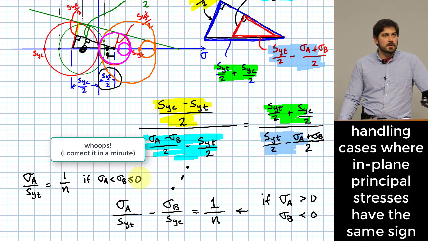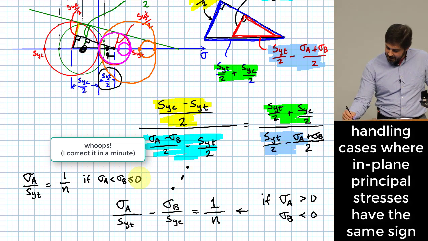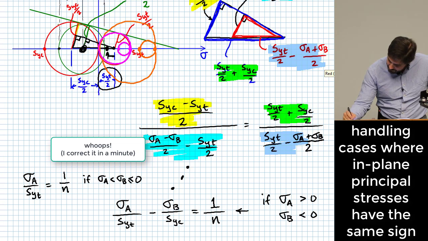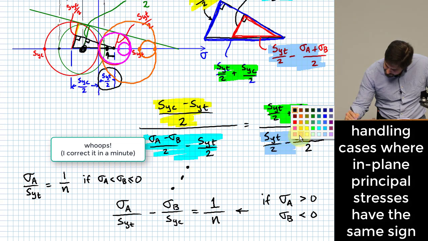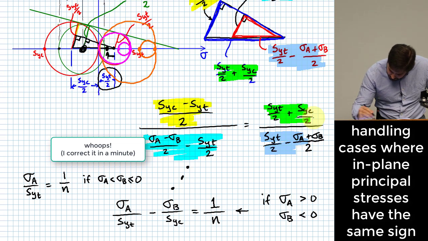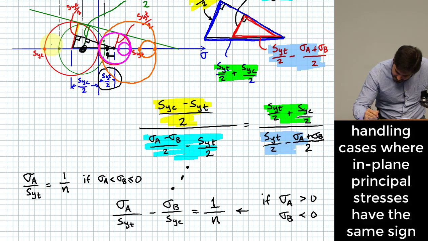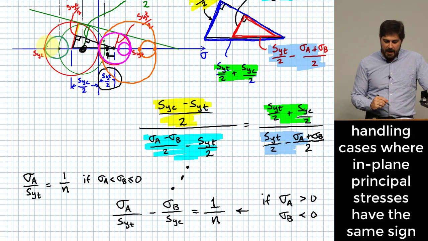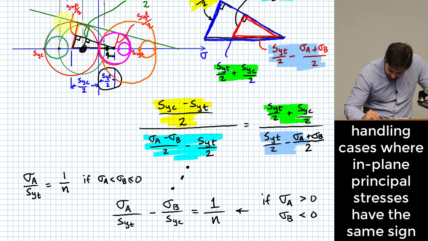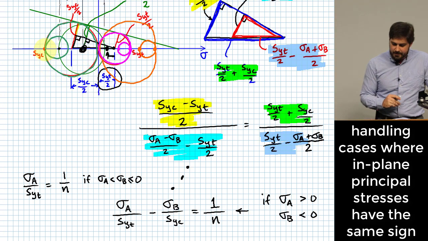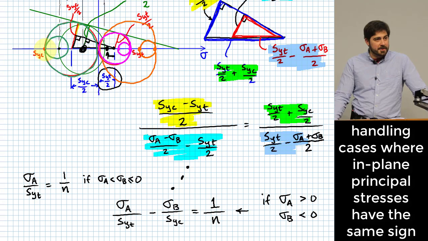Okay. Do you think we could do something similar on the compressive side? Yeah, so I'll do one of those now. So let's say that over on the compressive side, I had a state of stress that was right here. That would imply there would be a maximum shearing stress here, and that would be right at the threshold of failure.